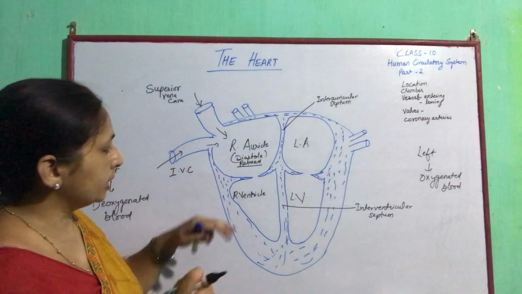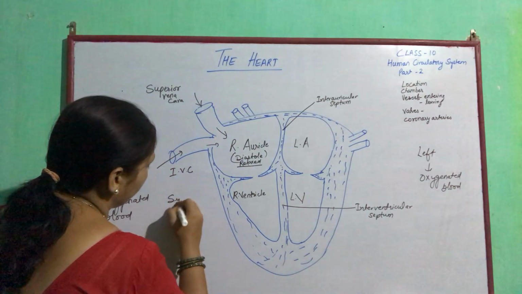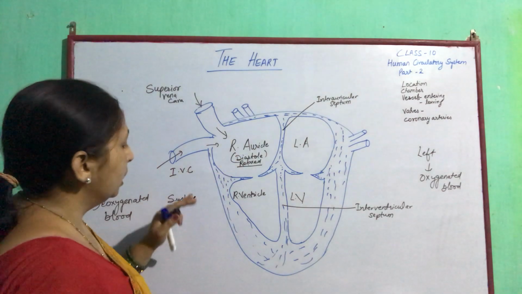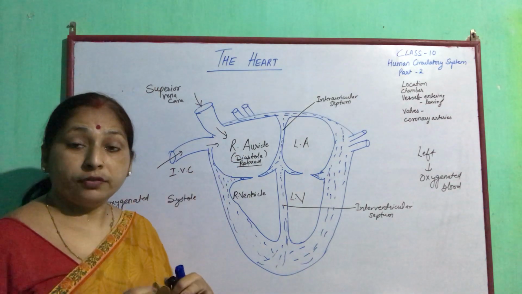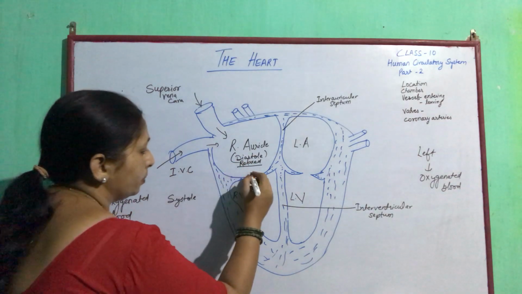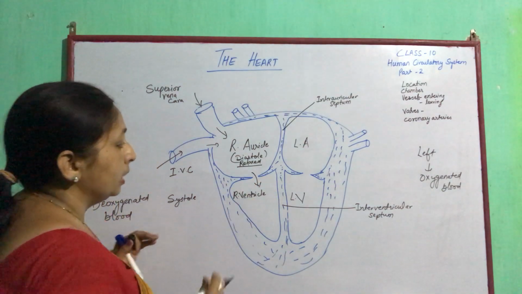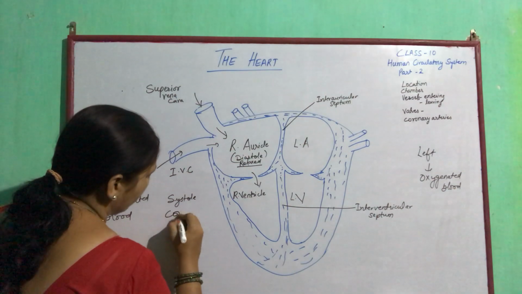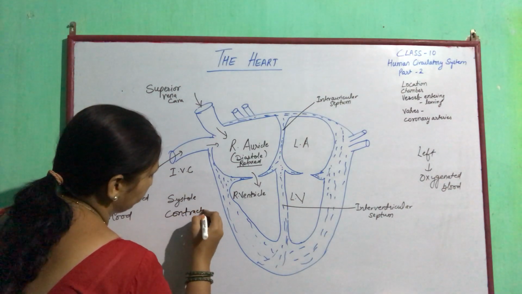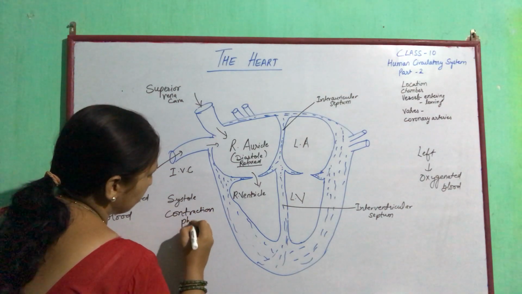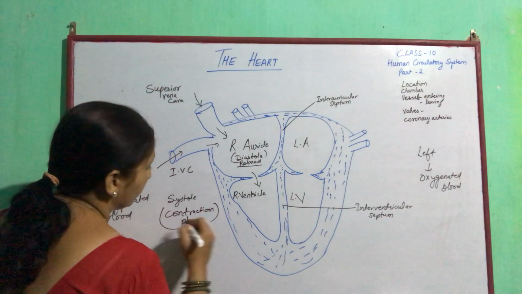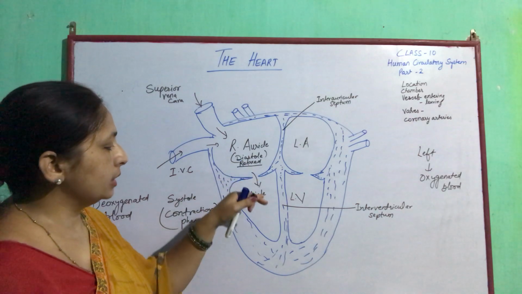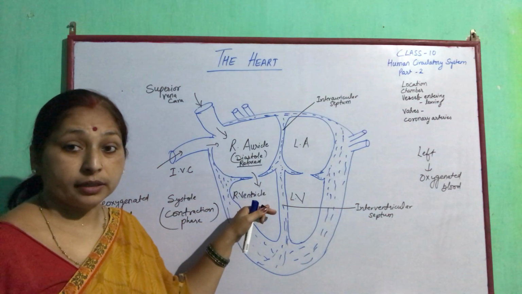After diastole, the second phase is systole. After getting completely filled with blood, it sends the blood to the next chamber. It contracts. That contraction phase is termed systole, and during that phase the blood from the right auricle is pumped to the right ventricle.